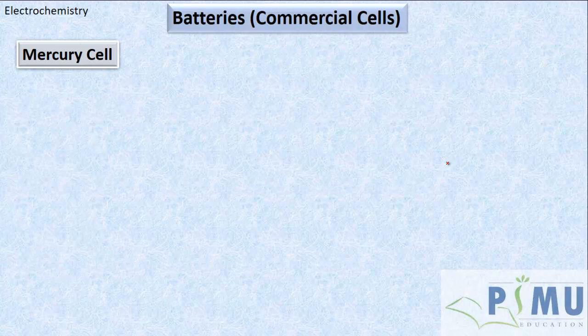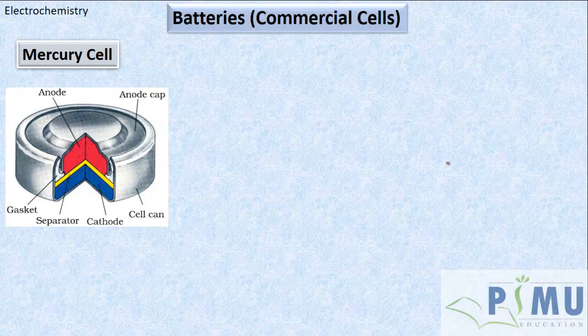Next is mercury cell. Mercury cell is mostly used in watches, video cameras, hearing aids and other compact devices. In mercury cell, the anode is zinc mercury amalgam and the cathode is a paste of mercury(II) oxide and carbon. Here the electrolyte is a moist paste of KOH and ZnO.